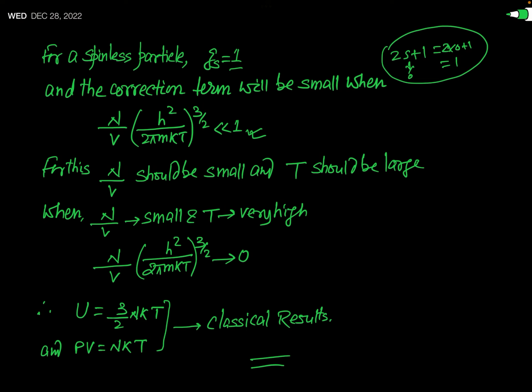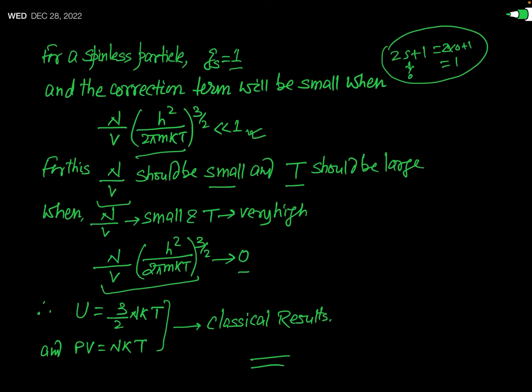And the correction term, if it is much smaller than 1, can be neglected. As I told you earlier, this is much smaller than 1 only when N by V is very small and T is very large. In that condition, this correction factor will tend to 0.